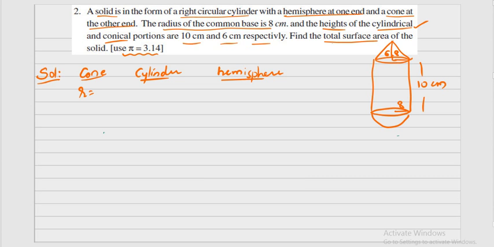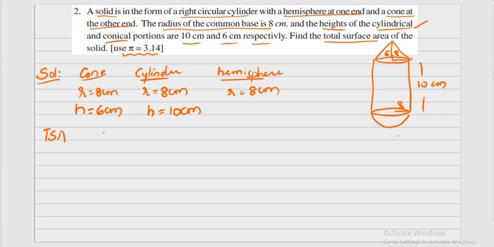So radius is equal to how much? 8 centimeters. For this also radius is equal to 8 centimeters. So hemisphere completed. Next about the cone, height is given as 6 centimeters and for the cylinder, height is given as 10 centimeters. So these are the required things, and they are enough to find out whatever we need.